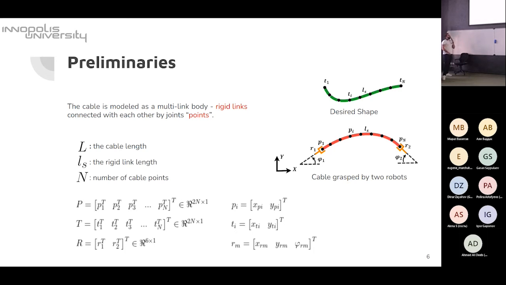We model the cable as a multi-link body, which is a set of points connected with each other by rigid links. We refer to the rigid link lengths by L, and the number of points is N. Here P is the set of cable points, T is the set of the desired shape points, while R is the robot's configuration, X, Y, and theta.